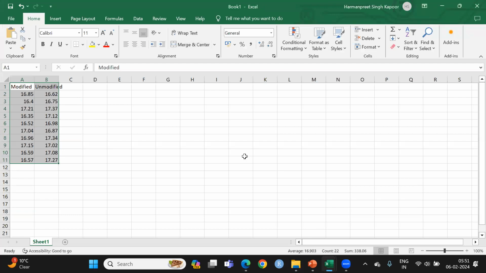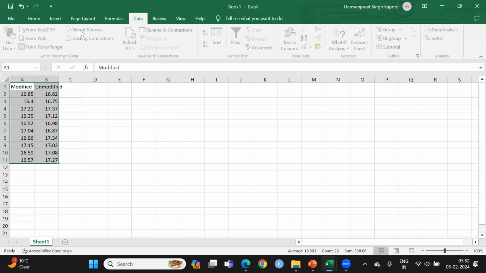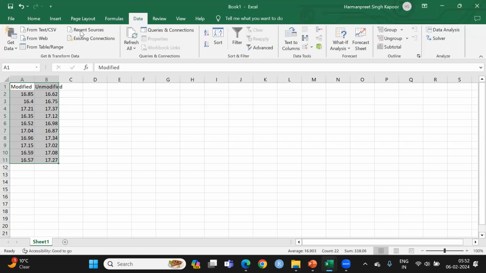So how can one do the testing? For that, one has to go to data. I've already put the values in my Excel sheet. So I want to do the analysis corresponding to t-test.